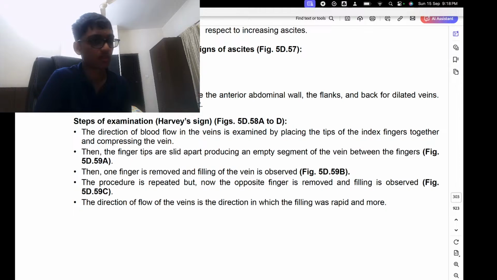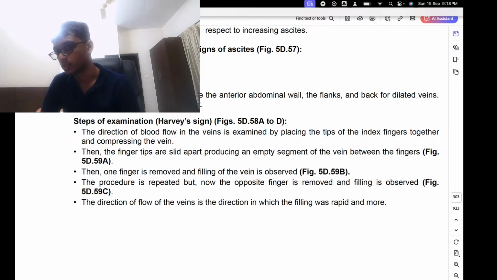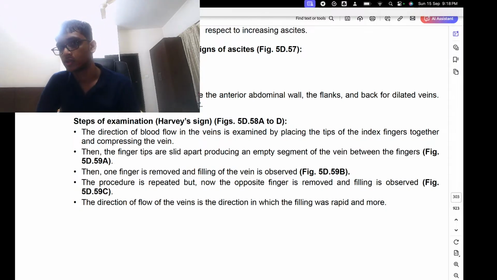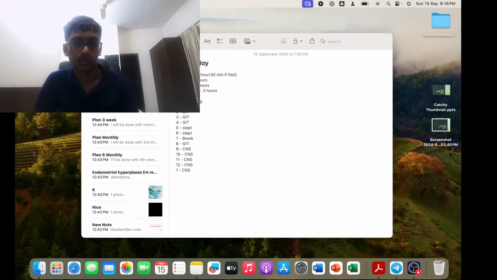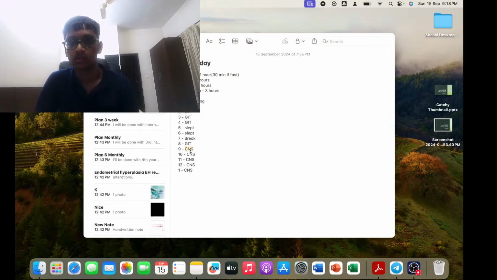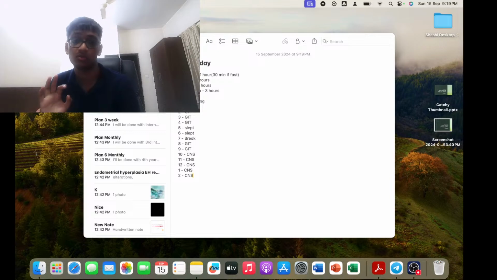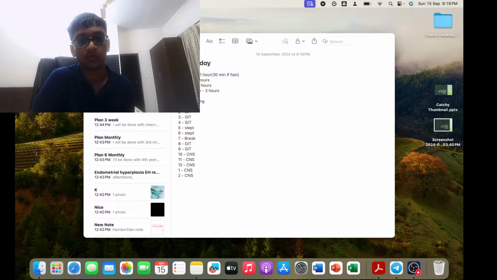15 minutes to finish this, but I am going to have my dinner. So I'll come back in a bit, but I believe it's already 9, and GIT I will finish by 10. Nothing else can be done. And CNS, if I am not sleeping, I will finish it by 2, by 3 in the morning. But I have college, so no, I don't have to be awake for going to college, so I'm pretty much going to stay up till 3, and I will try to finish CNS.